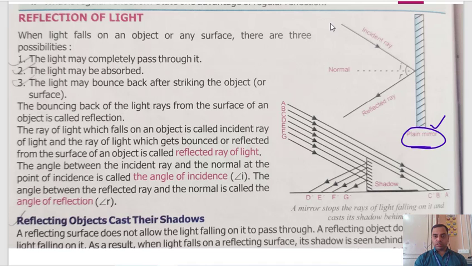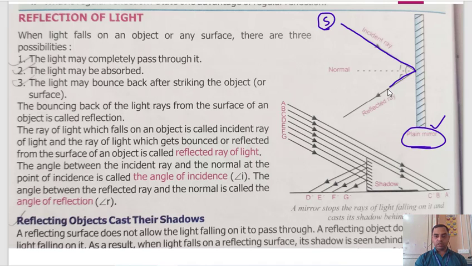What is an incident ray? Suppose this is a source of light. What is the source of light? It may be a tube light, the sun, a candle, anything from which light comes. That is the source of light from which this incident ray is coming, and it is falling on this mirror.